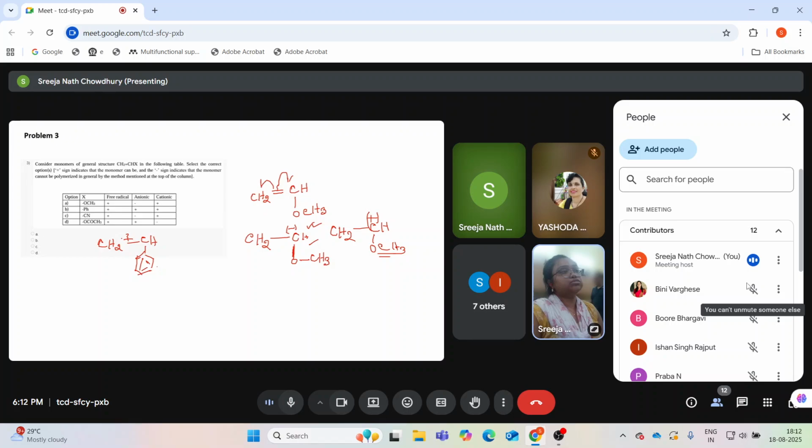When there is a negative charge, it is stabilized by the minus R effect of the phenyl ring, or if it is a positive charge, it is stabilized by the plus R effect of the phenyl ring. So all three polymerizations can happen. Next is cyanide. For the cyanide, free radical polymerization can happen, but cationic cannot happen. And for this group, this is also not right. Our right answer is B.